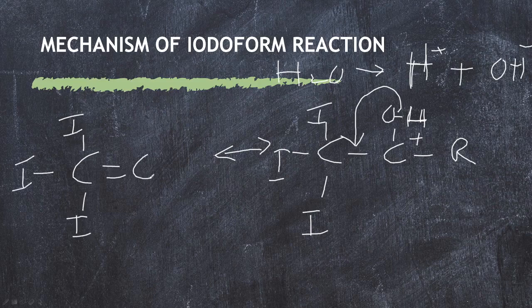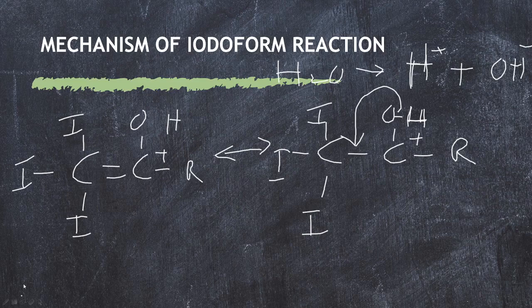With double bond C, single bond O, single bond H, positive charge, and single bond R. Let's take this up a little, it's too low. Now these are our two resonance structures. As you can see from this, the carbon is actually balanced.